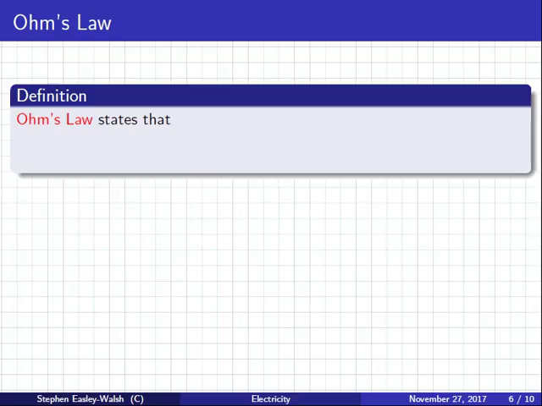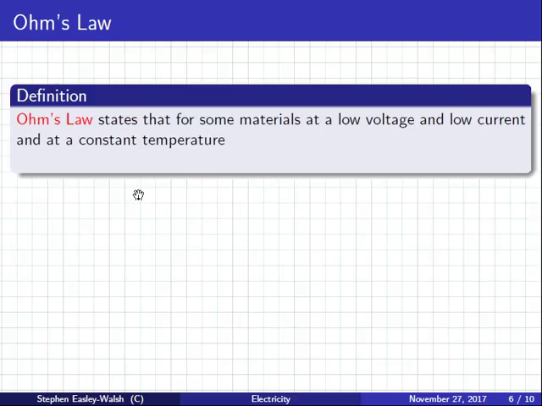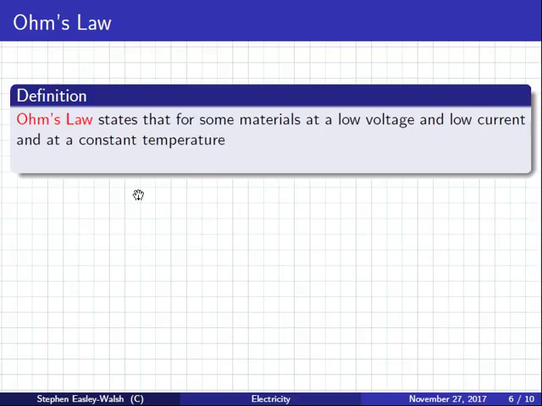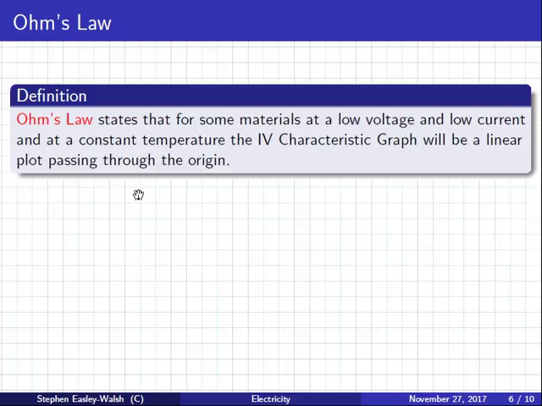So Ohm's law states that for some, now before I continue, the bad thing about Ohm's law is it's not really a law because it doesn't work for every resistor. So for some materials at a low voltage and a low current and a constant temperature, the IV characteristic graph will be linear, which is the same thing as what you were saying, that the voltage and the current will be proportional.